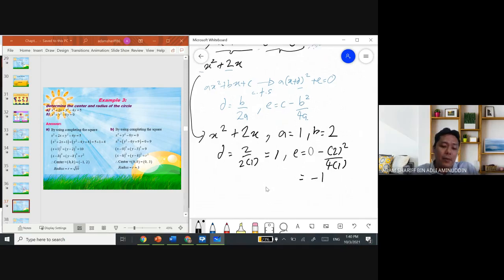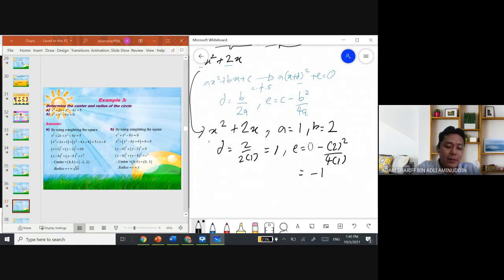Put back into the equation, from x squared plus 2x, it will be x plus 1 squared minus 1. As you can see there, there is a form of x minus h already there.